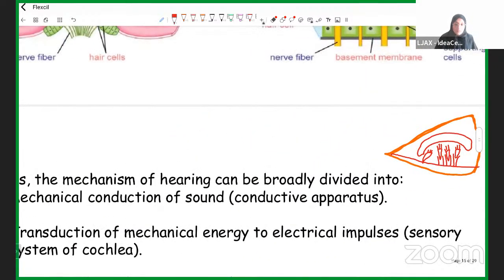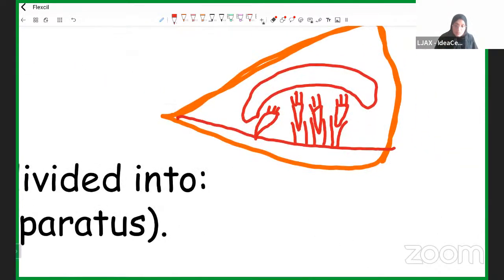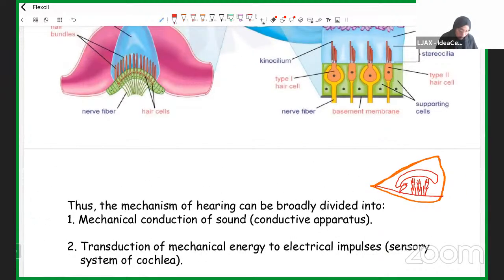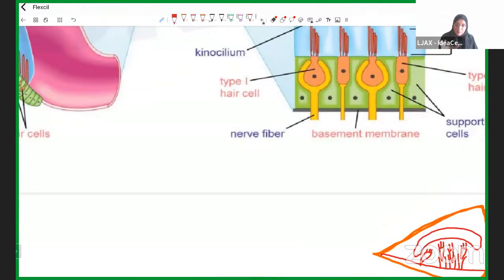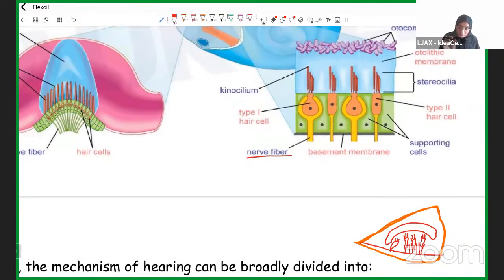Now what happens is that when sound enters from the tympanic membrane into your cochlea, these outer hair cells and inner hair cells are stimulated by the movement of the basilar membrane. So the basilar membrane will start moving, it will vibrate. And that vibration will start stimulating the nerve fibers that are attached to the hair cells.